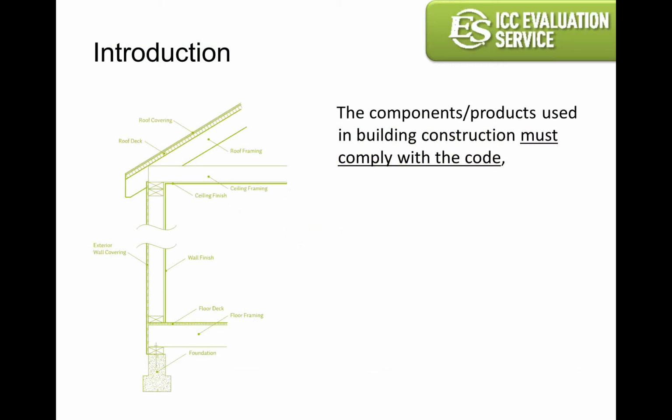We have to go with particular code requirements. And it might end up being wind loading we have to be concerned about, or a certain fire resistance rating. So there are several things within the code that have to be taken into account, and for each of the components, we have to determine what building code requirements would apply.